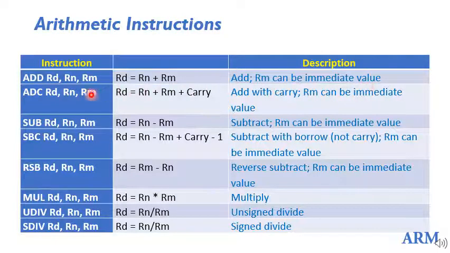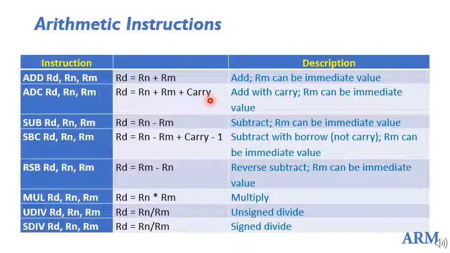The next instruction is ADC. Sometimes we want to add the carry due to the previous addition or previous operation. For that the instruction is ADC. ADC full form is add with carry. Here Rn plus Rm is formed, and in addition to that, the carry is also added.